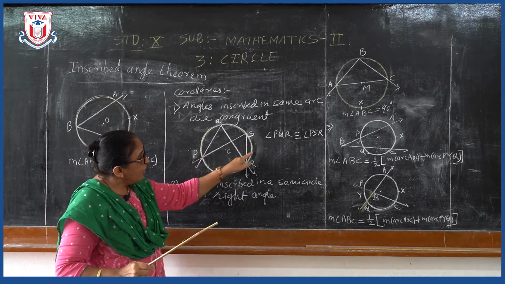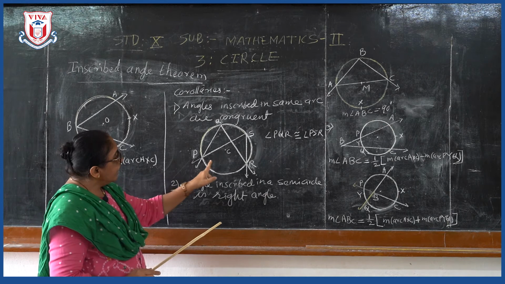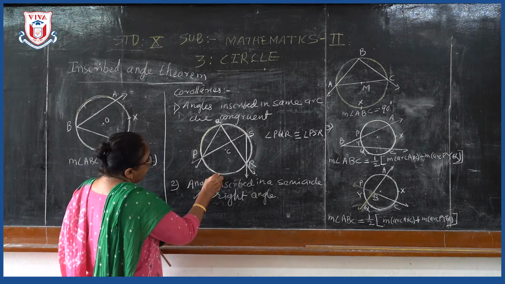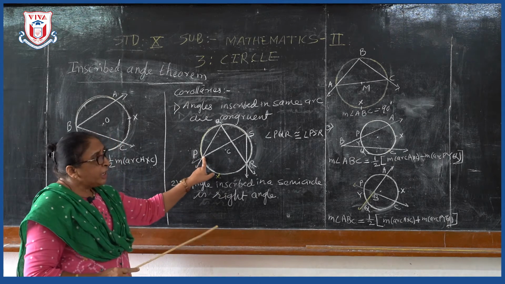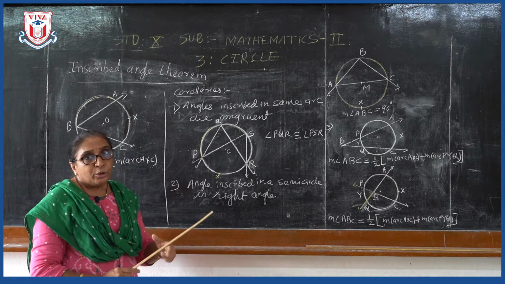Means in this common arc both the angles are inscribed, and their intercepted arc, suppose we are considering the point X here. Now, see how you can prove that angles inscribed in the same arc are congruent.